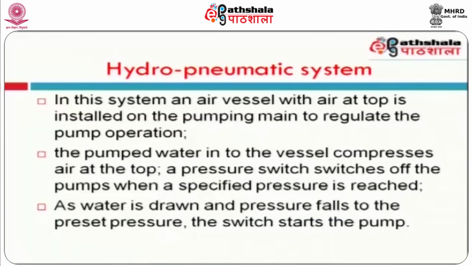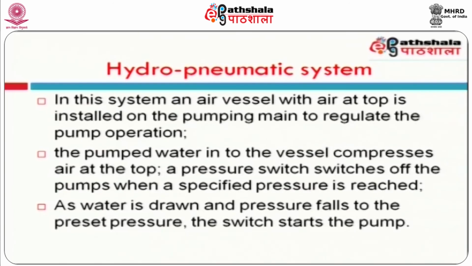So when the line is under pressure, the water is filled and the air will be compressed. When there is a demand, the water will be lowered and the air is filled from the top. If necessary, the air will be supplied from a compressor connected to the air vessel. So by using the hydro-pneumatic system, there is no need for an operator.